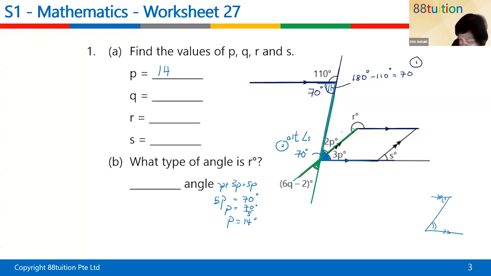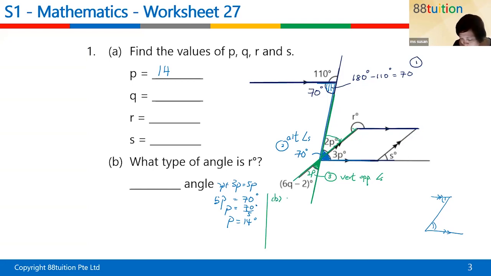This angle will be equal to 2p as well, same as 2p here. Correct or wrong? What is this called? Third step, I call this vertically opposite angles. This one you learned in P6 before. So this one will be 2p. However, the thing is, you have only the value of p.